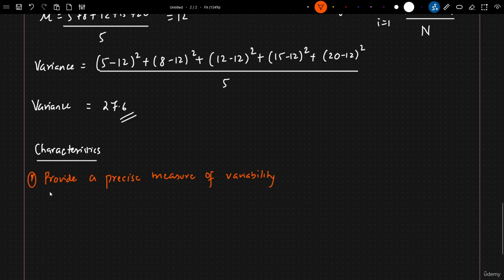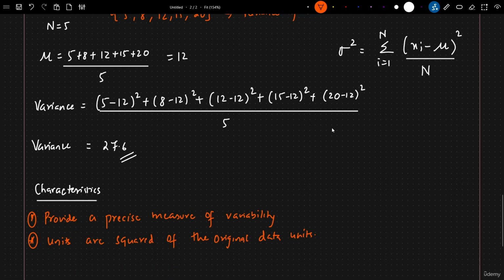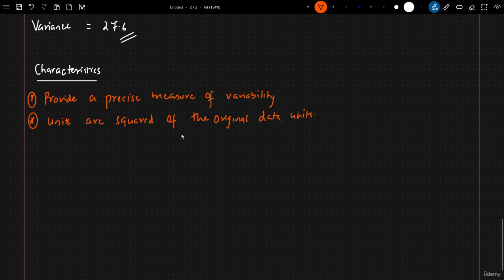Then the units are squared of the original data units. See what is happening over here: since we are finding the difference but squaring it, we are changing the units. So units are squared of the original data units.